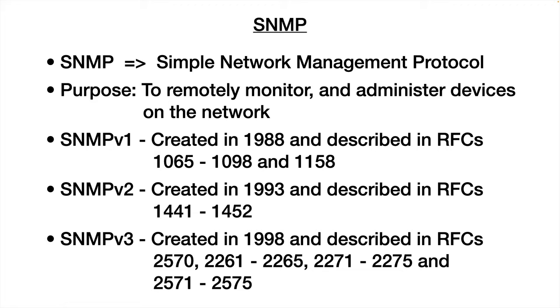And here's a strew of, looks like maybe 13 different RFCs, or actually 16. So there are lots of pieces to SNMP, and therefore it's broken down into a lot of RFCs.